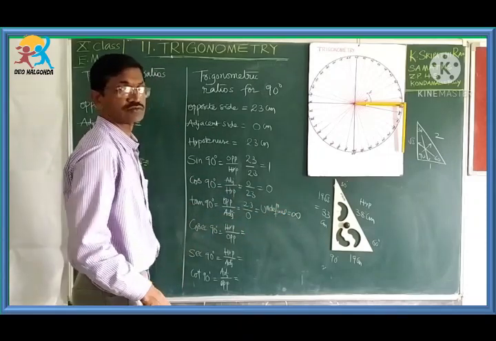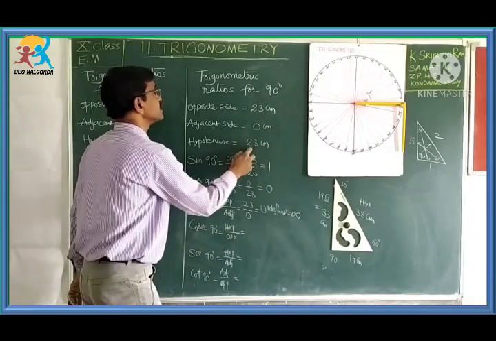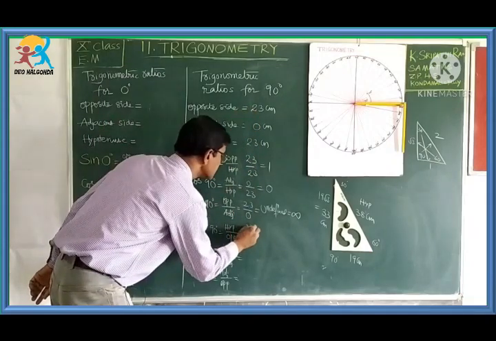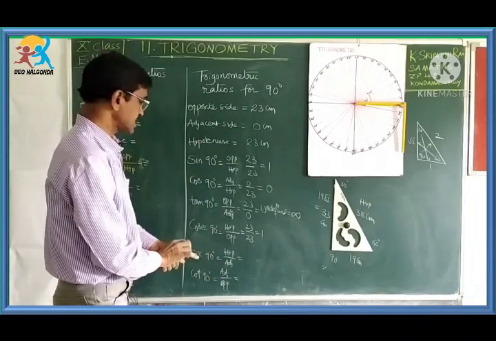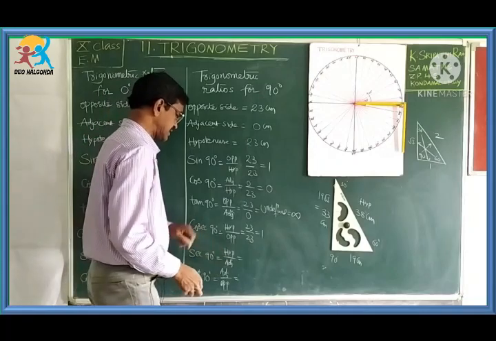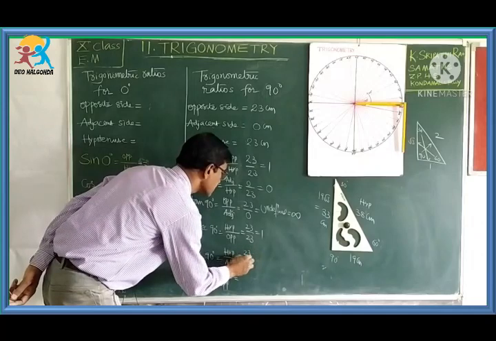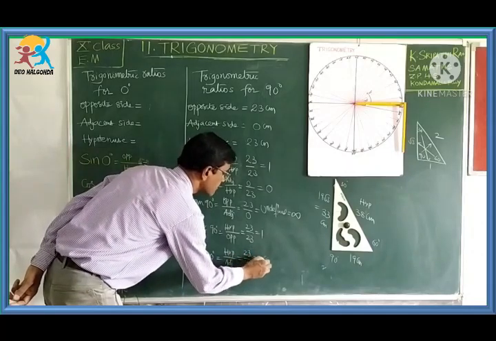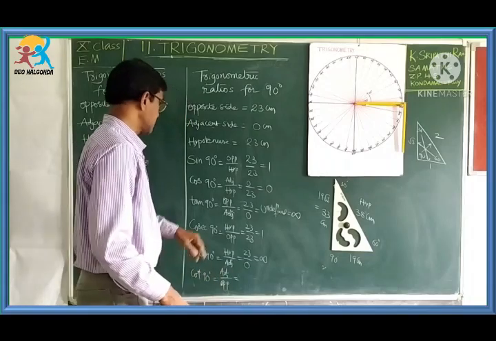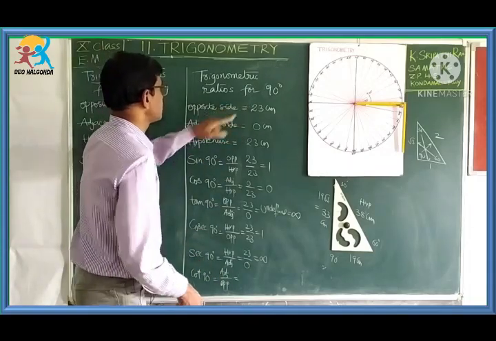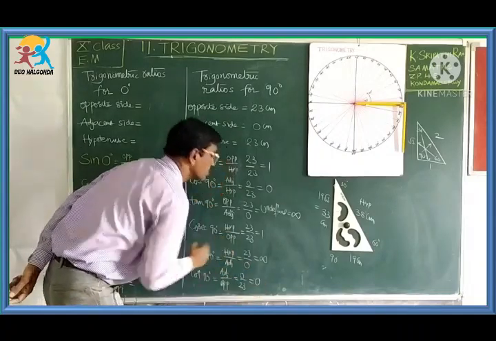Cosec 90 is hypotenuse by opposite side, 23 by 23, we get 1. Sec 90 is hypotenuse by adjacent side, 23 by 0, which is also undefined. Cot 90 is adjacent side by opposite side, 0 by 23, which is equal to 0.